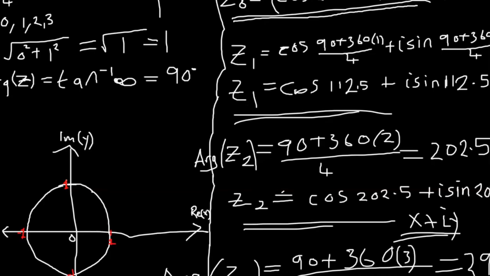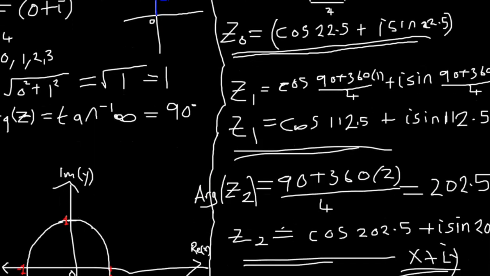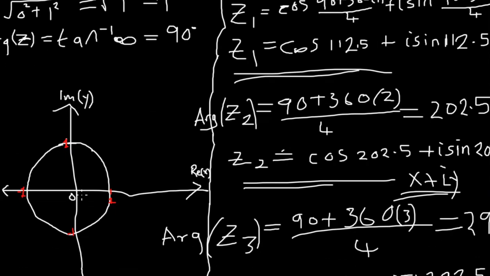These angles are measured starting from the positive x-axis. So the argument for Z0 is 22.5, so it's going to be here. If you have a protractor, you measure the angle 22.5 there.